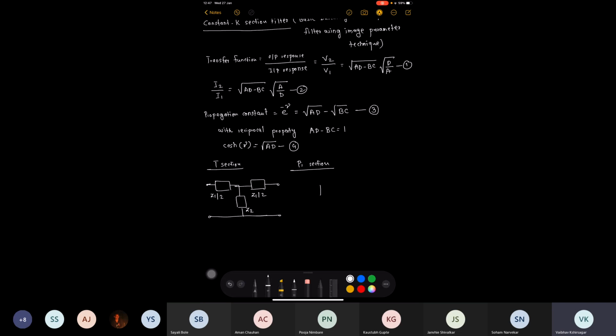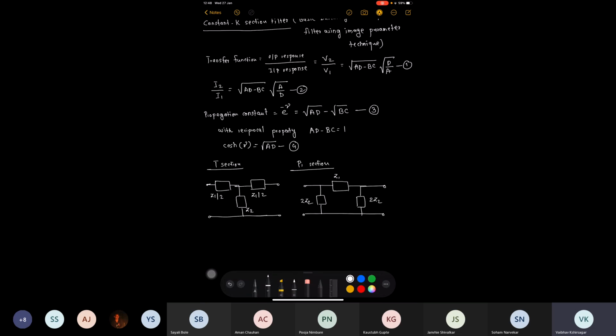First element is the parallel element. Second element is the series element. And third element is again a parallel element. Okay. So here the value of the first element is 2Z2, while this is Z1 and this is again 2Z2.